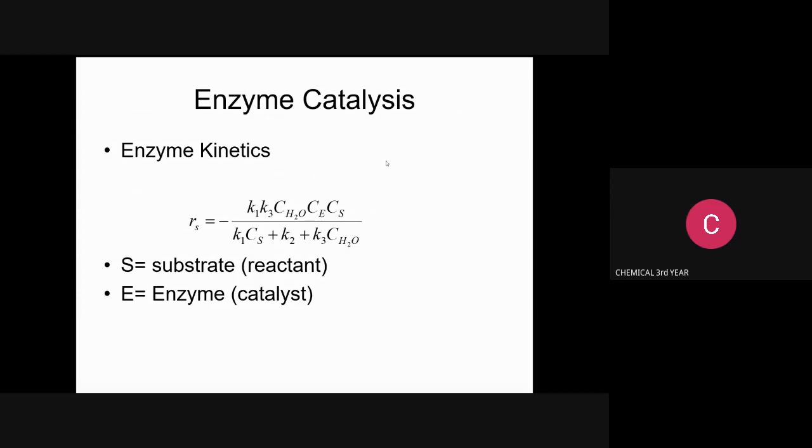In this one, we have denoted the enzyme kinetics as E plus S. S is the substrate, which is nothing but the reactant. Enzyme is denoted as E, which is the catalyst.